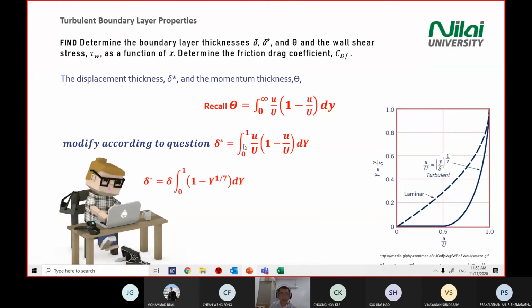You substitute the definition of u divided by capital U according to the graph here. Substitute back. So you will get your delta, integrate 1, and you only have the y term inside your calculation. You do the integration steps. Again, you get a linear equation. Your thickness star equal to 1 over 8 of your boundary layer thickness.